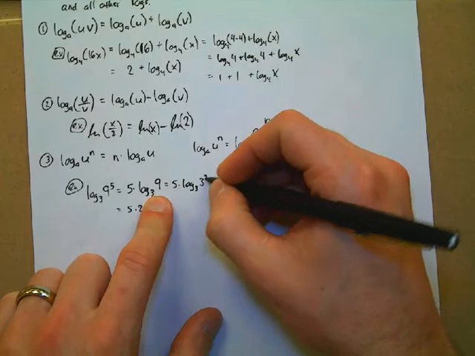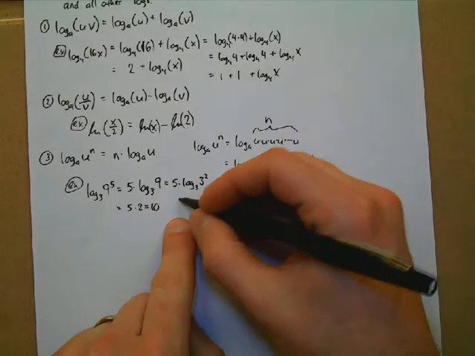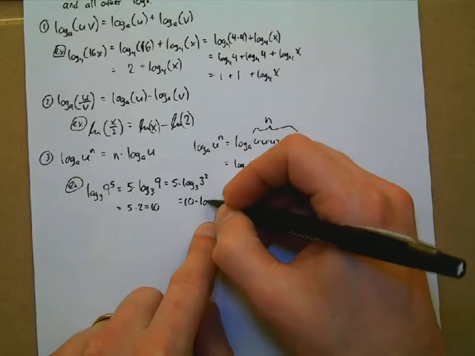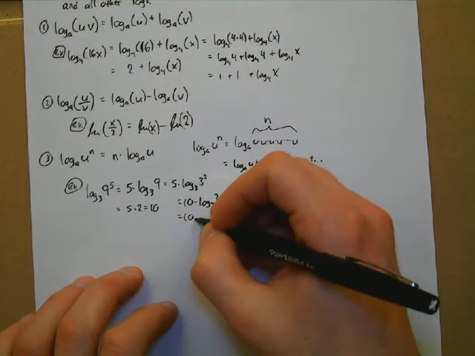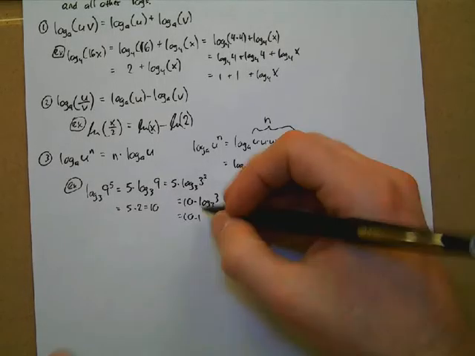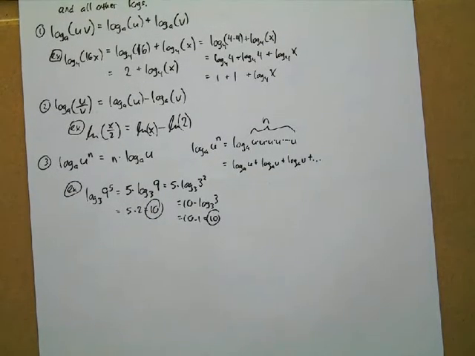And then it's got an exponent, which you can then move out front. So we get 10 times log base 3 of 3. And log base 3 of 3 is 1, right? So we can also say it's like 10 times 1. So there's options here sometimes about how you proceed, right? It's kind of up to you how you want to go, all right?